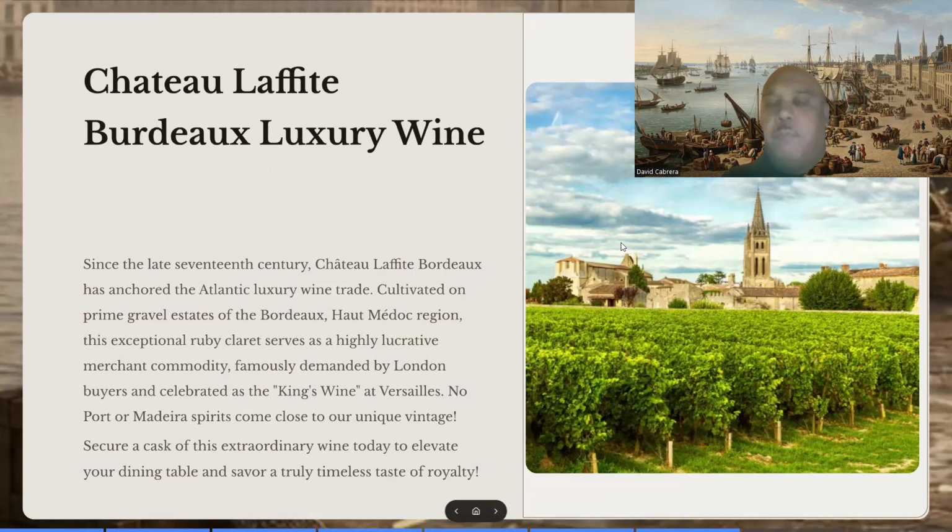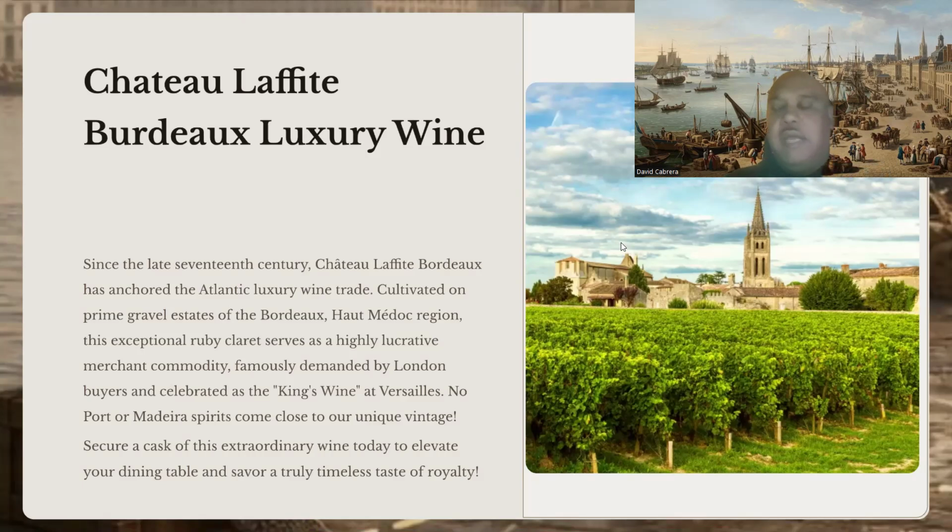the best of France's wine. So back in the motherland, in the gravel, rocky soil of the Haute Medoc region of Bordeaux, you have an excellent type of soil that produces vineyards and wine of a very unique flavor unattained in any other parts of the world.